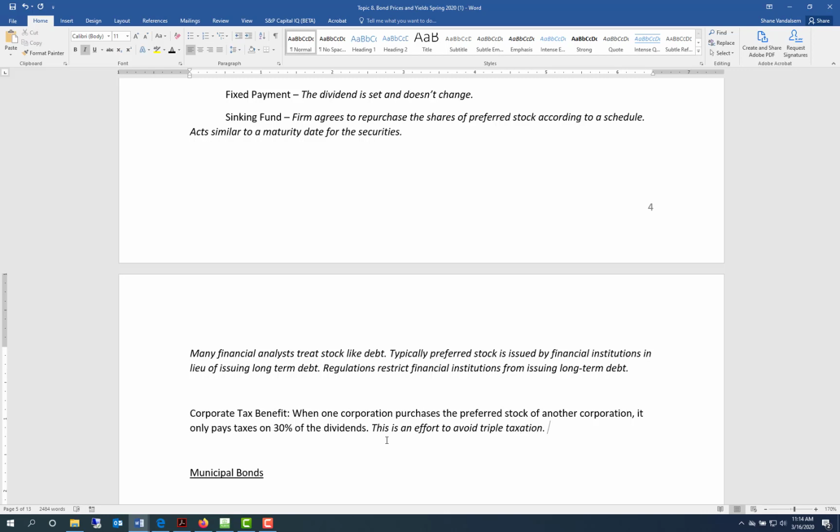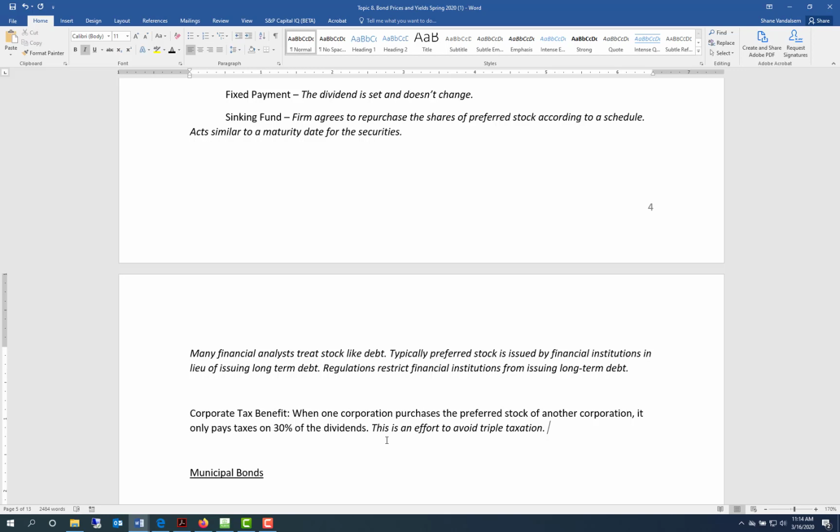So you may have heard the term double taxation, and this occurs when a company earns a profit and then they have to pay income taxes on that profit. And then after they pay income taxes, they pay out dividends, and then you as an investor pay a tax on those dividends. And so that's referred to as double taxation. Well, when one firm owns stock in another firm, firm one earns income and pays taxes on that income, and after that they pay out a dividend.